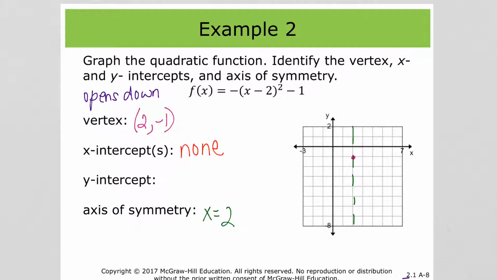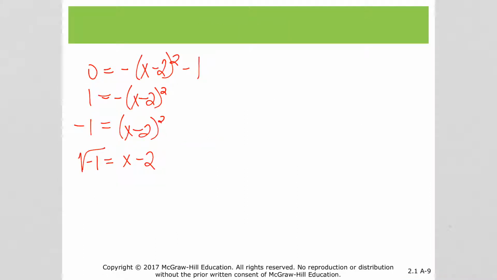And then the y-intercept, we let x be 0. So we've got negative 2, and negative 2 squared is 4. We still got that negative on the outside, so that's why we've got a negative 4 there. So we end up with negative 5.